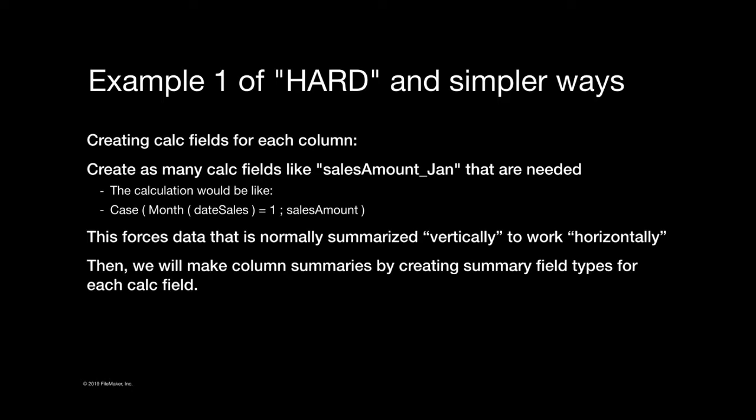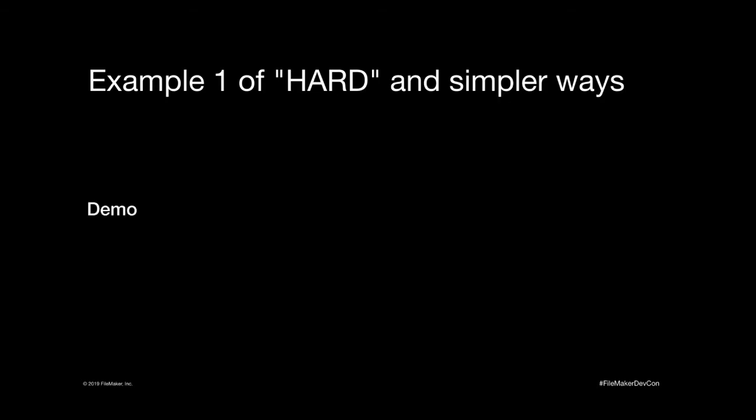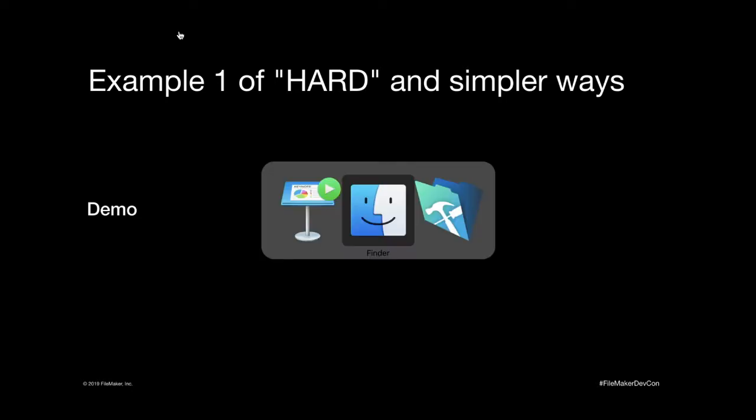It means we have to create 12 summary fields as well. I know some of you don't like this, but this is very easy to make. And this technique was introduced by slightly old FileMaker training textbooks, like the FileMaker training series several years ago. Then I'd like to show you how it works.